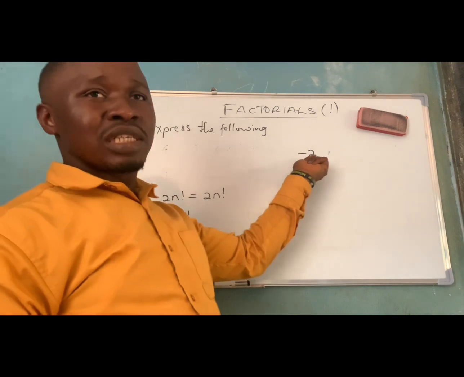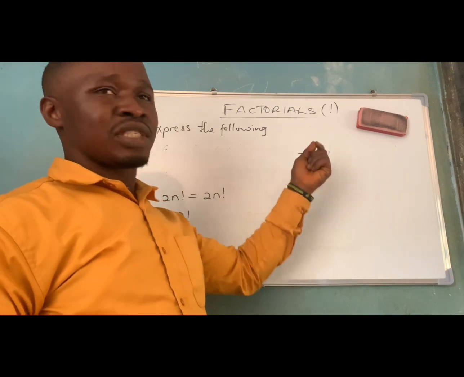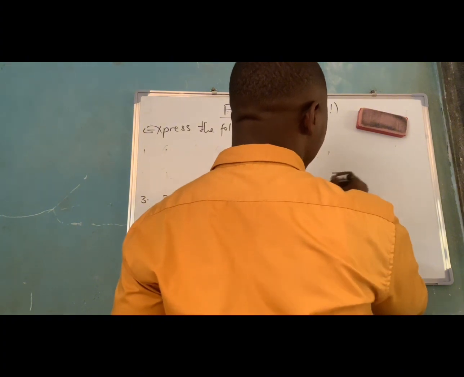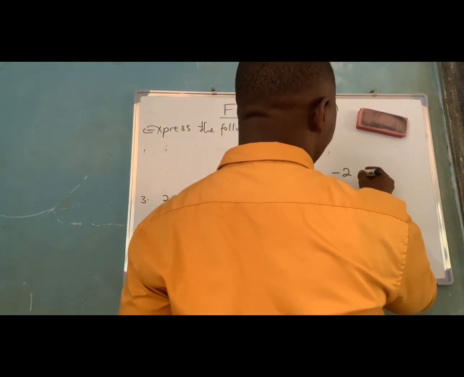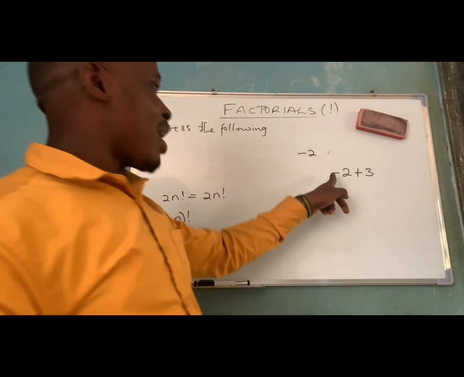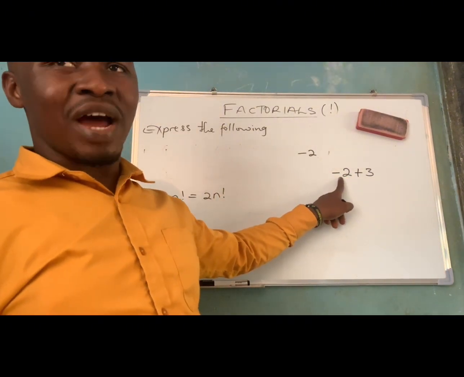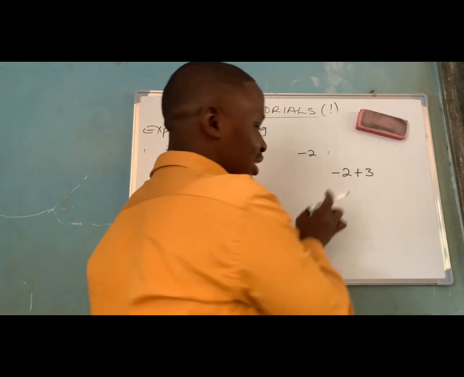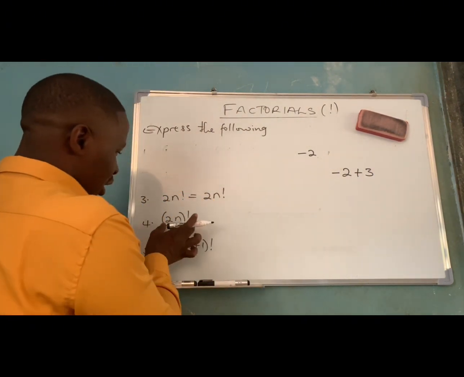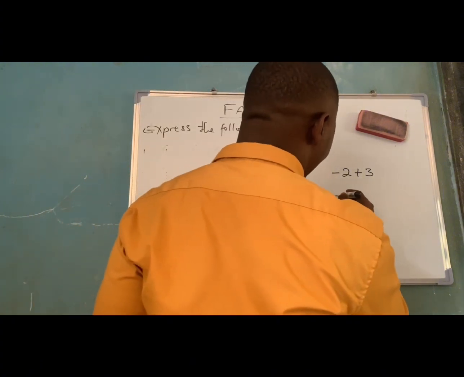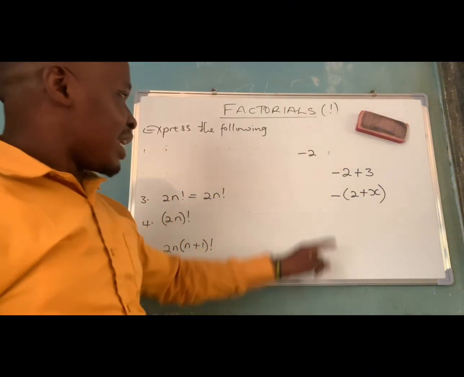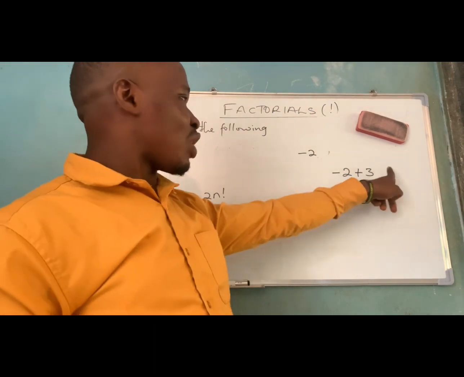The minus is affecting what? The 2 directly. But when you say minus 2 plus 3, the minus affects only the first value. The minus affects only what? The first value. So here again, if you say minus 2 plus x, this minus affects only 2. It does not affect 3.